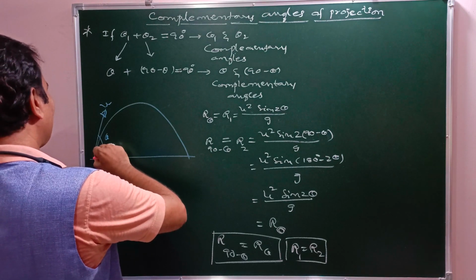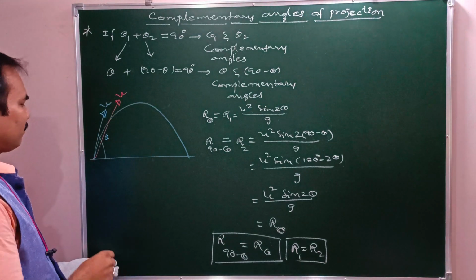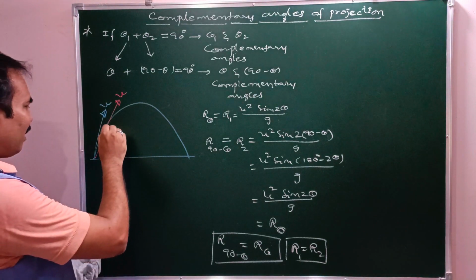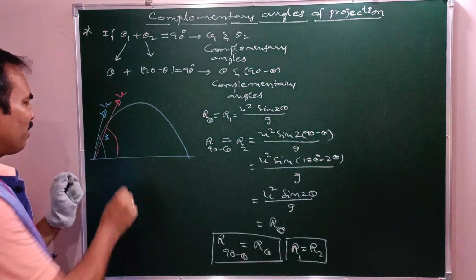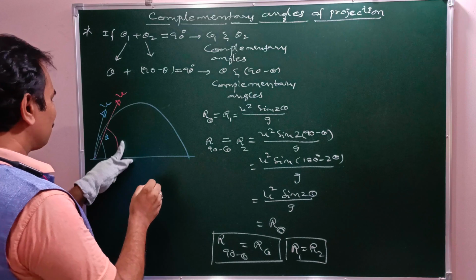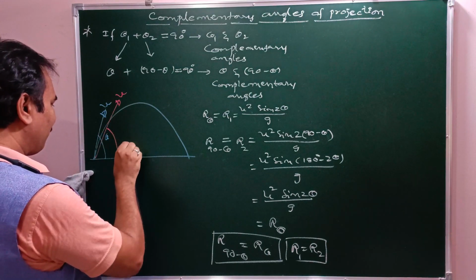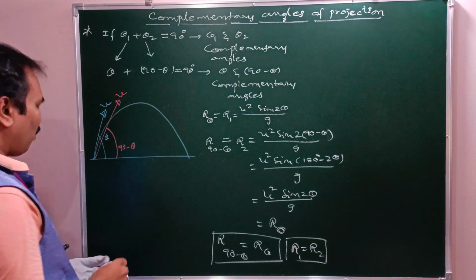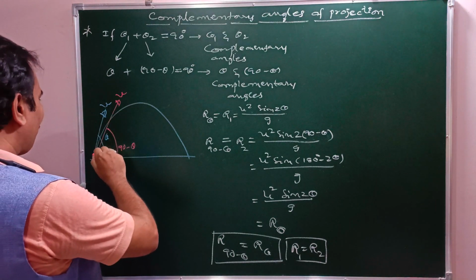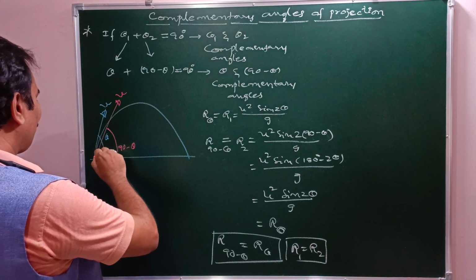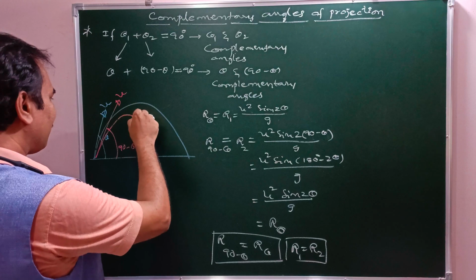This is the velocity of projection, and the angle made by the initial velocity with horizontal is 90 minus theta. Now what is the path of this projectile? This is the path of projectile.